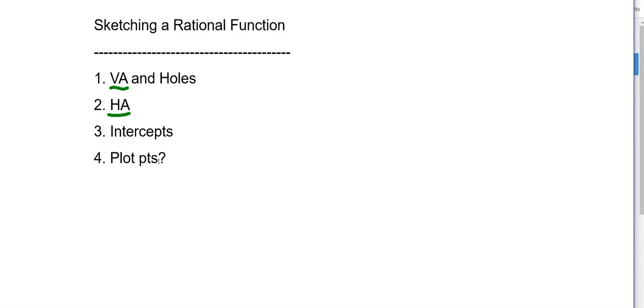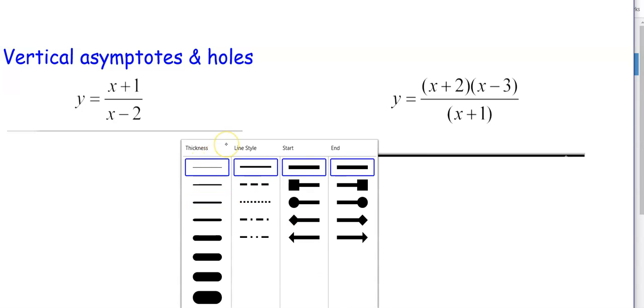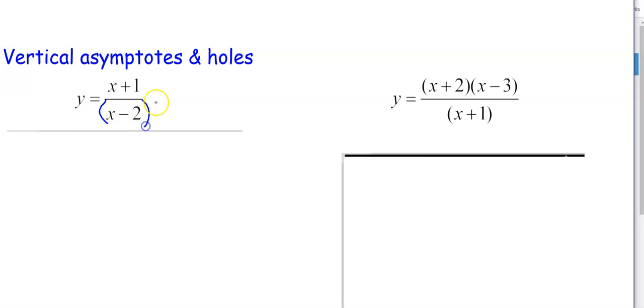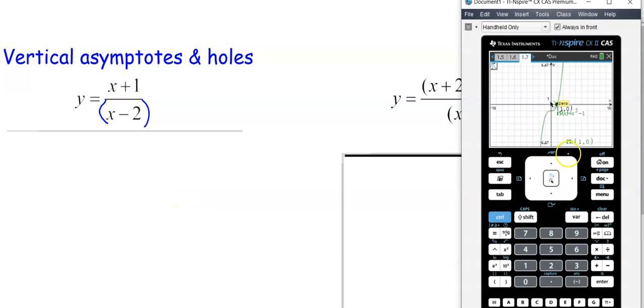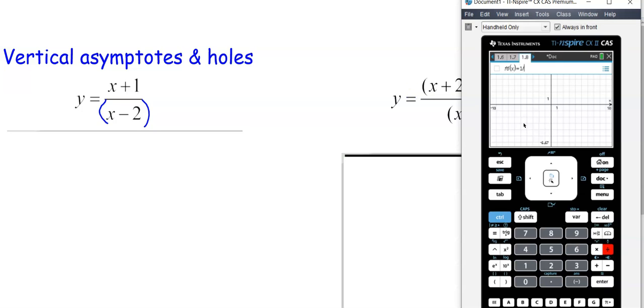So first, let's talk about vertical asymptotes and holes. Let's do 4 graphs, and we're going to find the vertical asymptotes and the holes of the graph. The way you find a vertical asymptote, you look at the denominator. Even the graph of 1 over x, let's just graph that for a second.